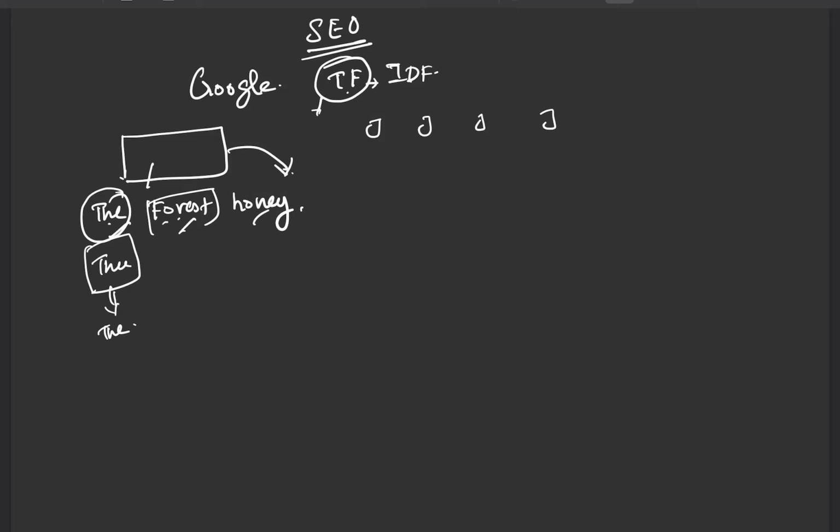So when it includes this IDF, the remaining words forest and honey would get more importance, because forest and honey might be more relevant to document two. Document two may have a lot of the words forest and honey, but not the remaining set of documents. So when TF-IDF is joined together, it knows that this particular document two is more important, and then the search engine fetches this document for us to read through.